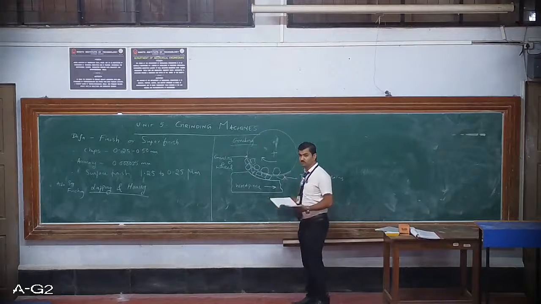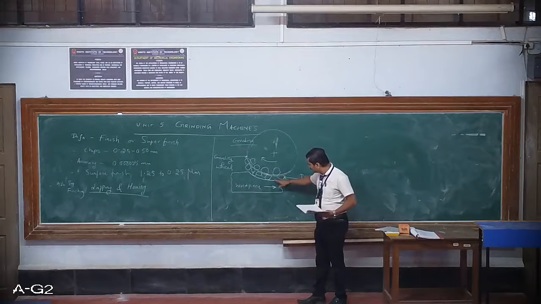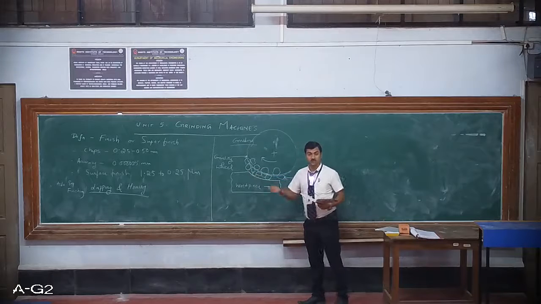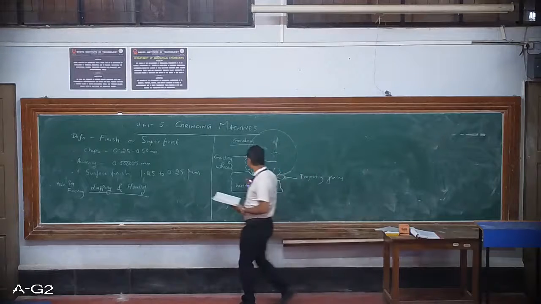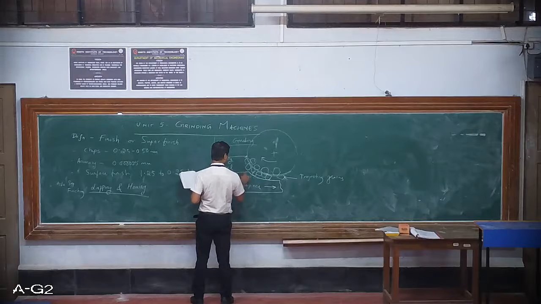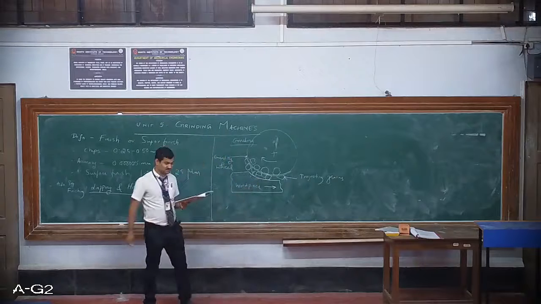Means the material is removed. Can you see? This was initially a slab. From the slab, we have removed this much amount of particles. How? By abrasion, right? You can see layer by layer, further the material will be removed. I am showing it with dotted lines so that you can understand.